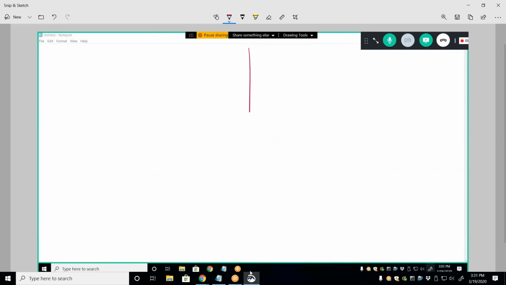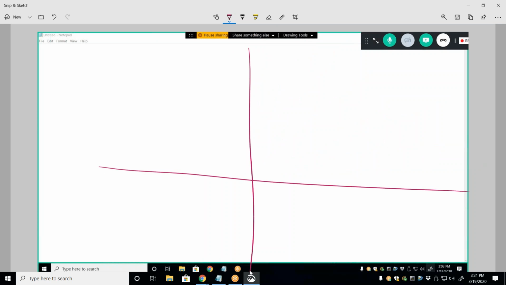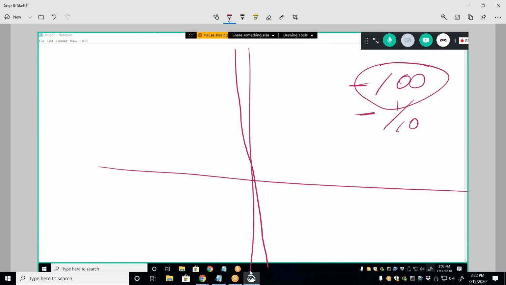In other words, the steeper they are, the bigger number they are. Now, what if I have a slope like this? Positive or negative? Negative. Is it negative 100 or is it negative 1/10? Negative 100. Yeah, it's a steep slope, so it's got to be a number bigger than 1.